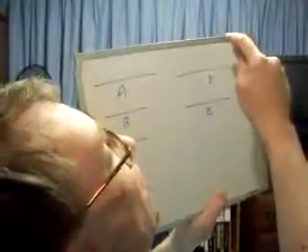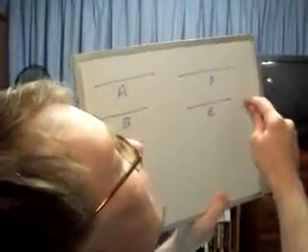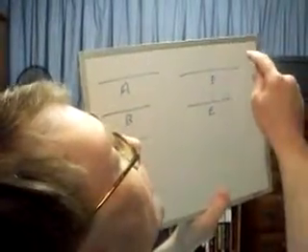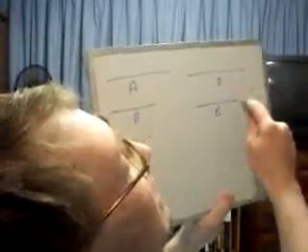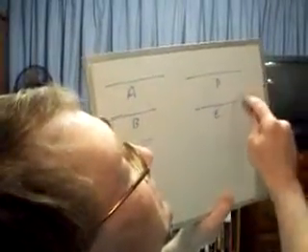But as the square on D is to the rectangle DE, so is D to E. Okay. So as this square is to this rectangle, also as D is to E. So as this line is to this line.